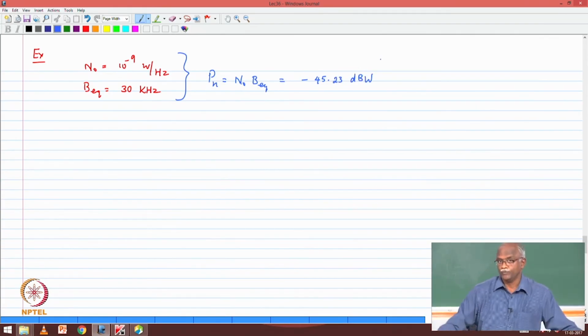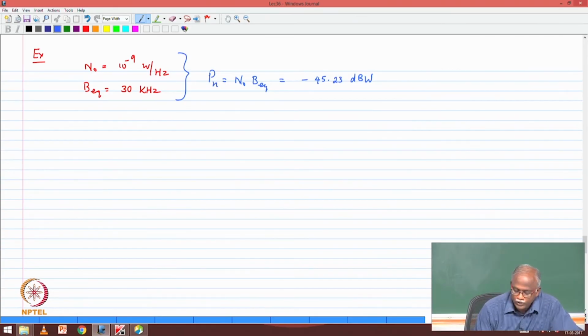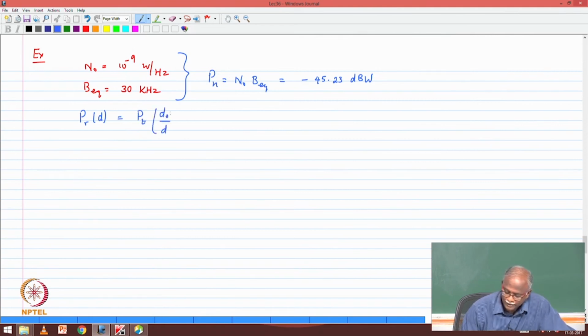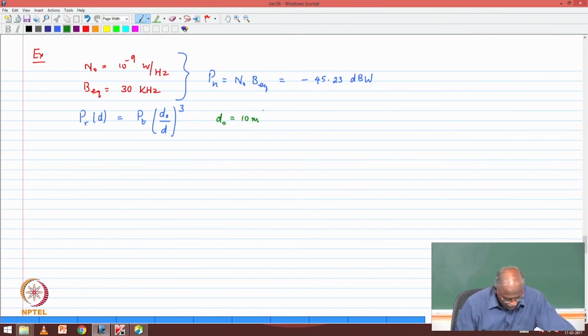That's my noise floor. Now, the received signal at a distance d is given by the breakpoint model, Pt times (d naught by d) the whole cubed, path loss exponent is 3, the breakpoint is 10 meters and the transmit power is 1 watt.